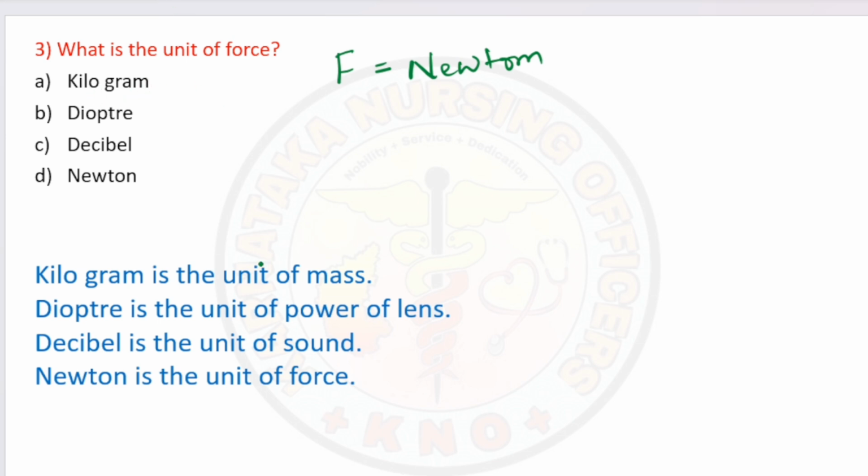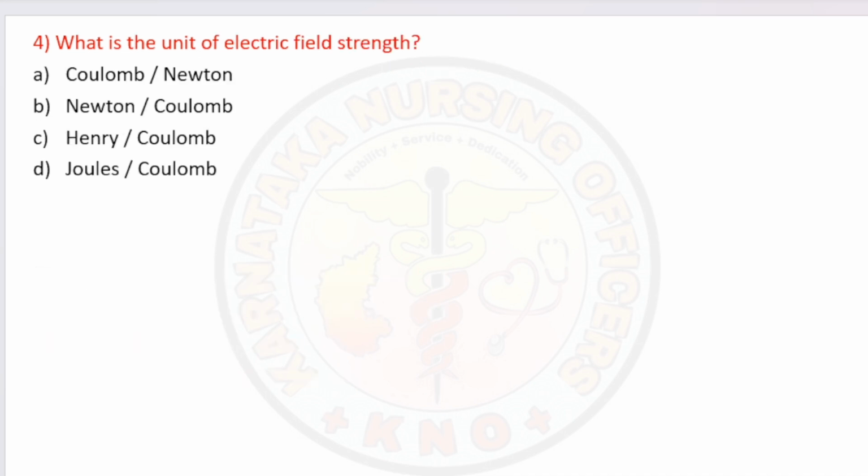Kilogram is the unit of mass. And what is diopter? Diopter is the unit of power of lens. And what is decibel? Decibel is the unit of sound. Sound is measured by decibel, right? And Newton is the unit of force. So next question.